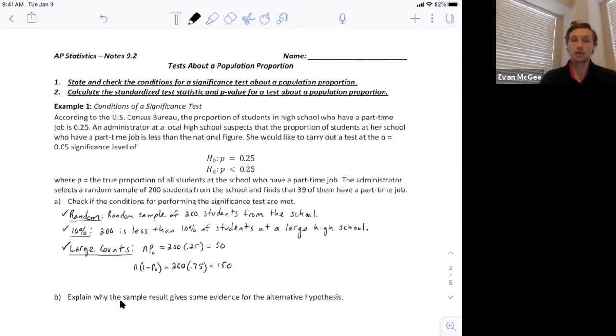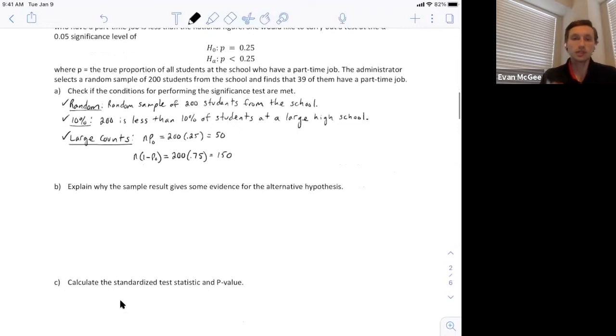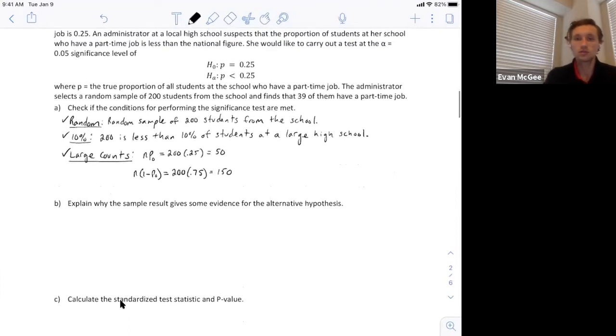Next question, explain why the sample result gives some evidence for the alternative hypothesis. In the sample, 39 out of 200 had part-time jobs, which is less than 25%.